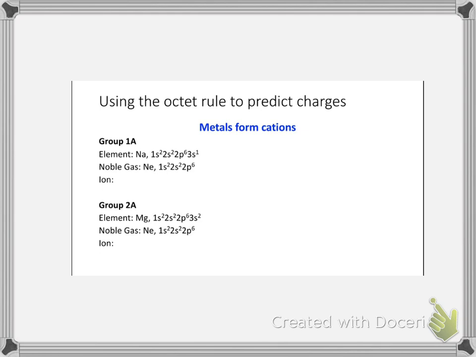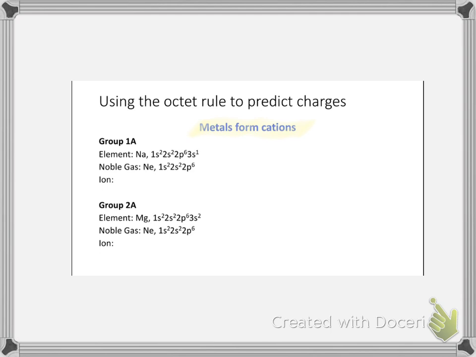In the introduction of this video, I mentioned that what I'm trying to do is have you understand more so you can memorize less. An important thing that can help you is remembering that metals form cations. So metals like to lose electrons.